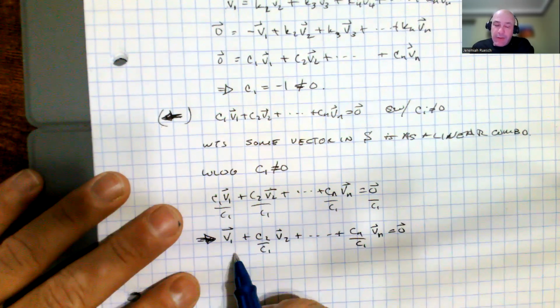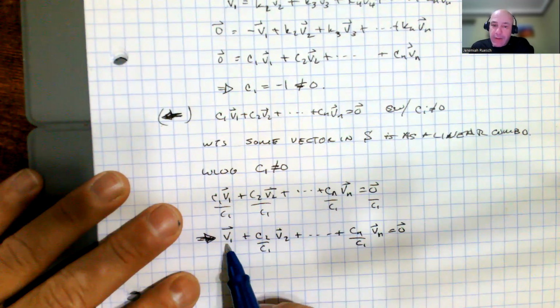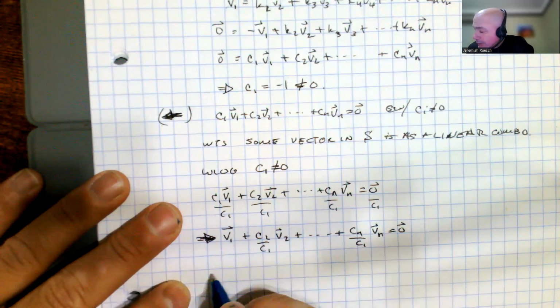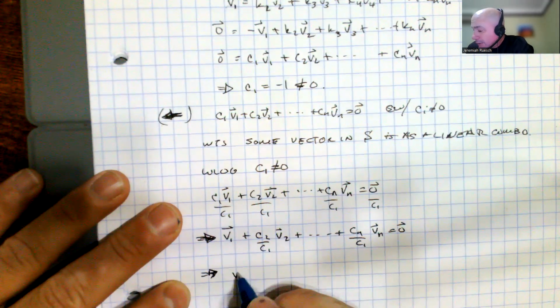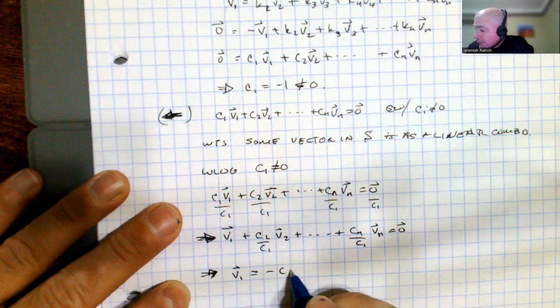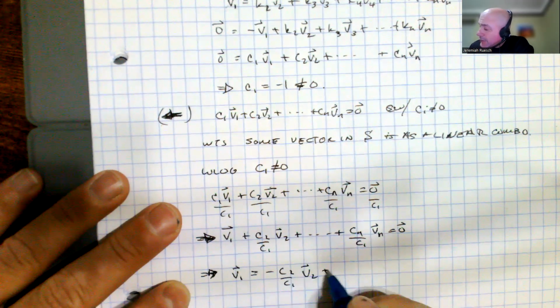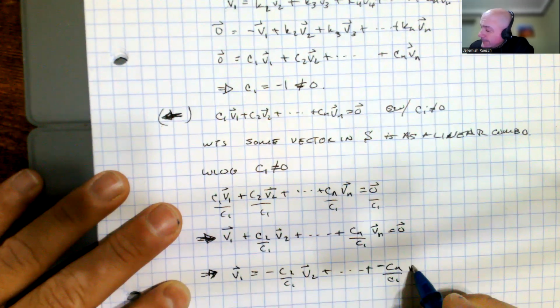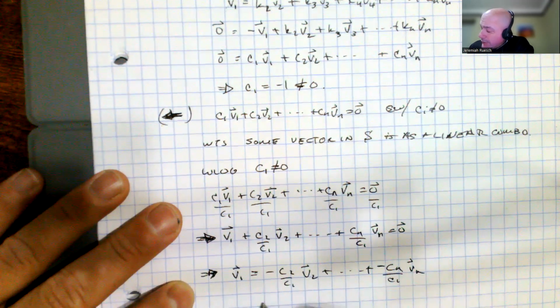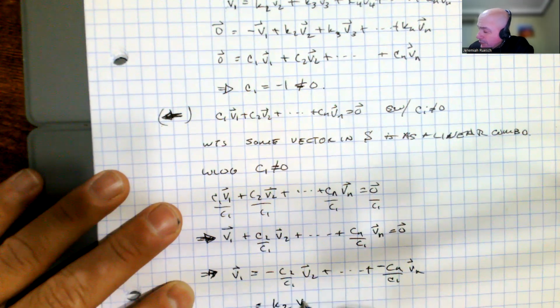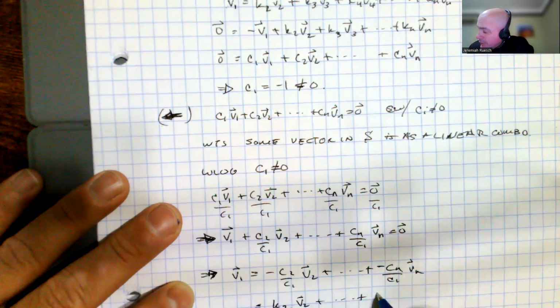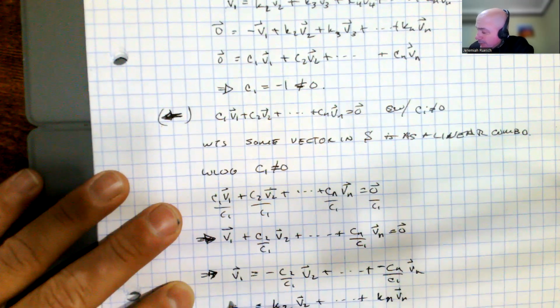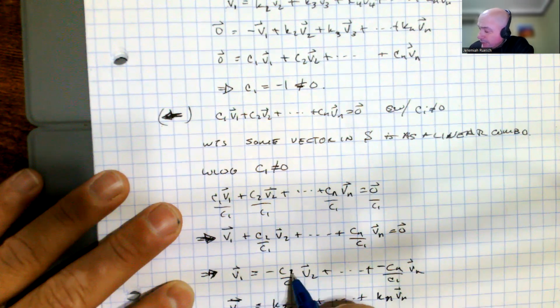Then we add the additive inverse of all of these terms over, which implies that v1 is equal to negative c2 over c1 v2 plus dot dot dot plus negative cn over c1 vn. If we call each of those a constant k, we get k2 v2 plus dot dot dot plus kn vn, making the substitution for each of the c's.